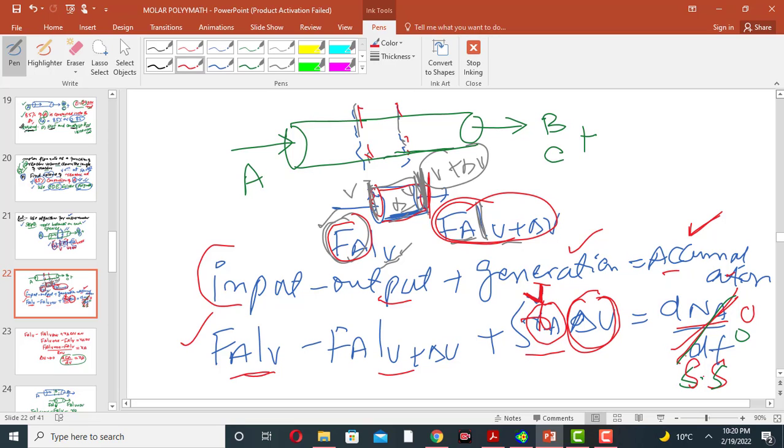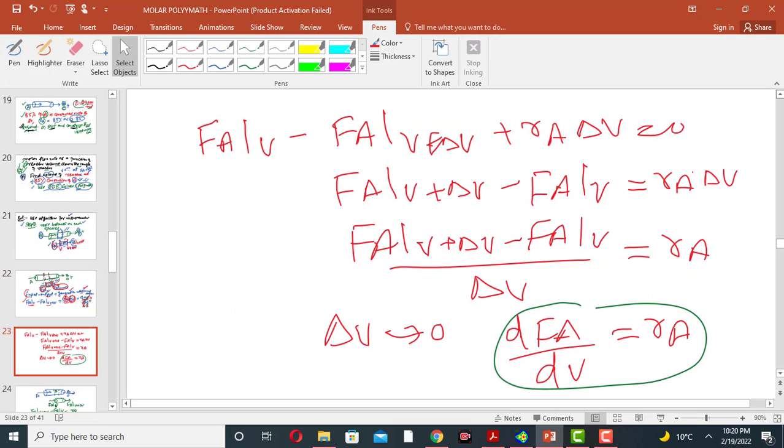So this will be nothing but RA times delta V. So this is the general mole balance: FA entering minus FA output plus generation, and this is equal to 0, because the volume of the reactor was taken as a very small volume.